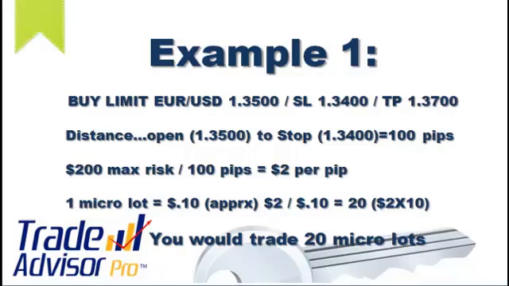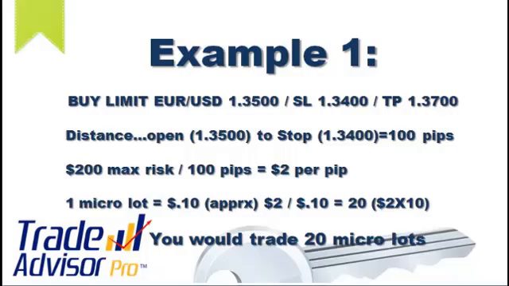You lost 2%. Alright? So now here's one thing that you need to understand: one micro lot is approximately 10 cents. Now some pairs, especially the yen cross pairs, are a little bit different. Some pairs are actually a little bit more, sometimes a little bit less. But on average, they're about 10 cents per pip. One micro lot.